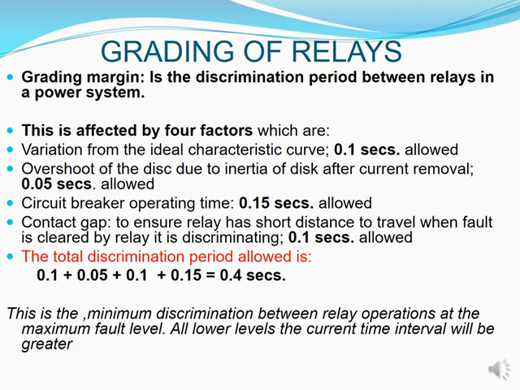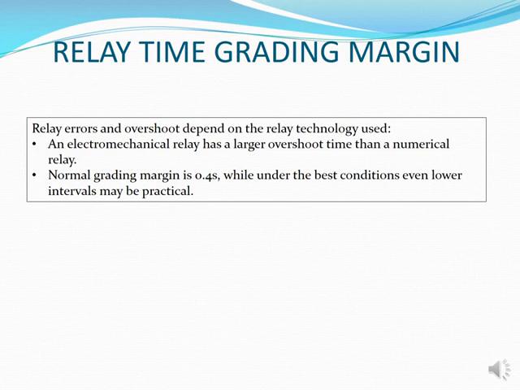This is the minimum discrimination between your relay operations at your maximum fault level. At all lower levels of current the time interval should be greater. And if we are not at our maximum fault level, then you can expect that time grading to also be less. Your relay time grading margin depends on the relay errors and overshoot, which depend on the relay technology utilized.